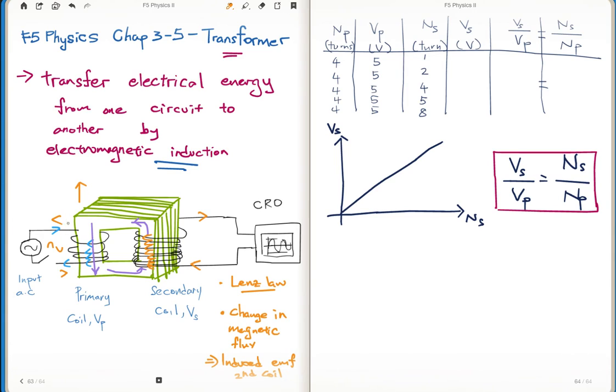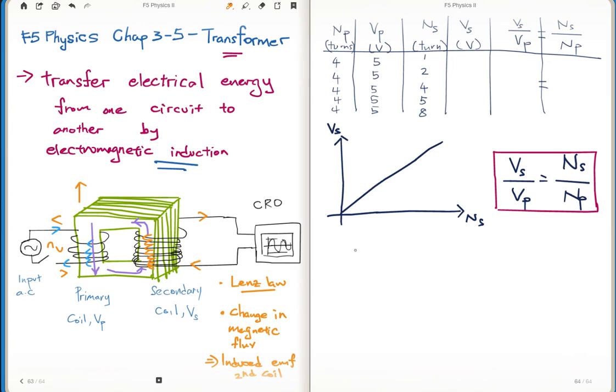Okay, and then this cycle repeats, and therefore you will have a sinusoidal voltage. So this is actually very much based on the induction, I mean the Lenz's law.